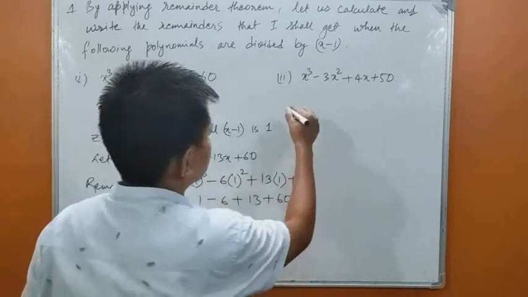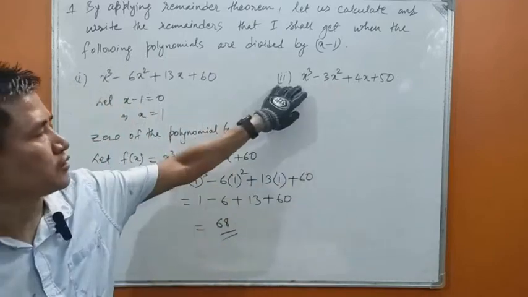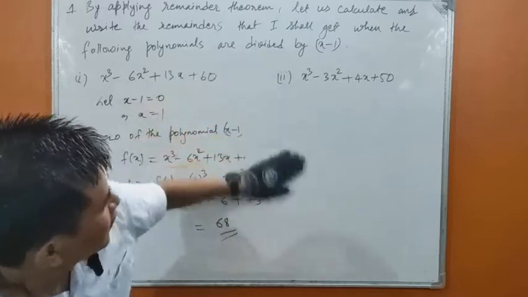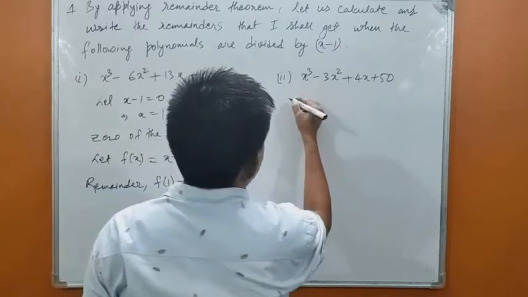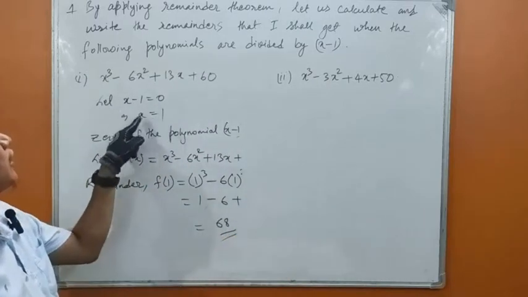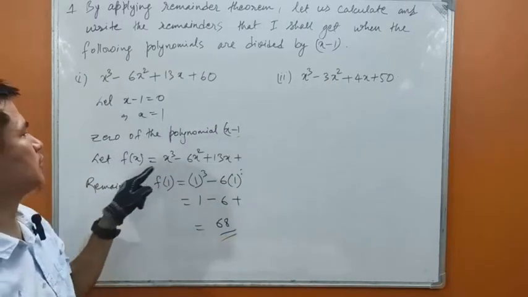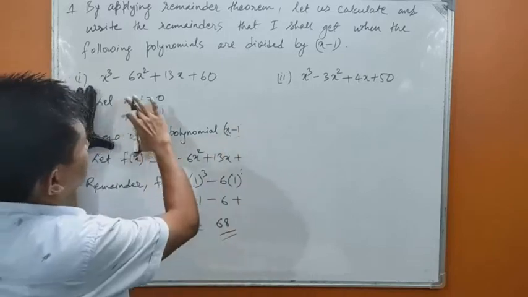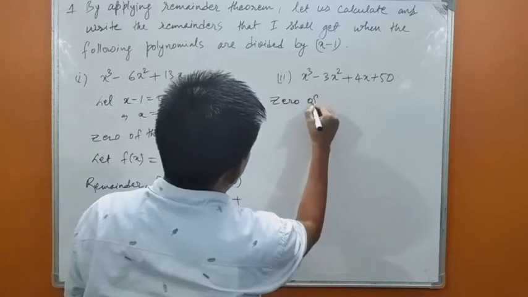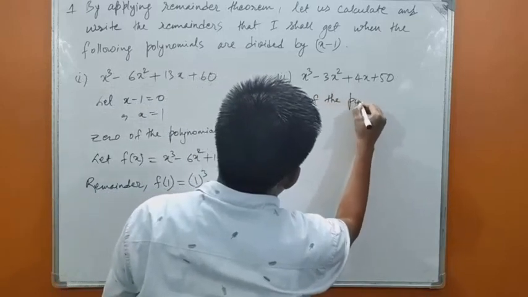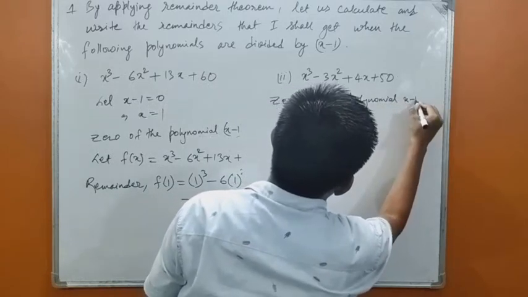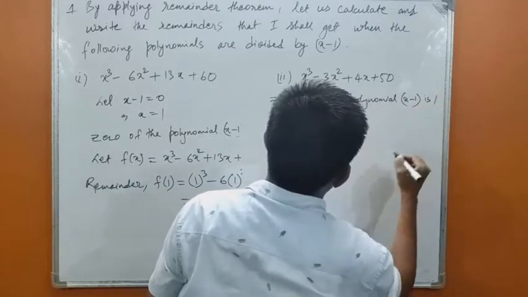Let us quickly move on to the next question, that is this one. Take the screenshot, I am going to erase this. So we have let x minus 1 equal to 0, x equals 1, 0 of the polynomial x minus 1 is 1.